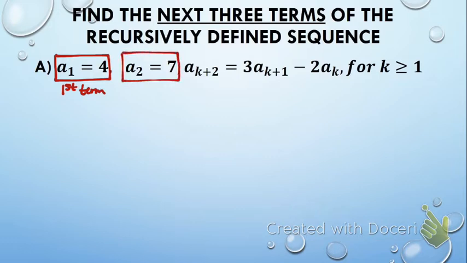Why did they give us both of those? Notice this rule for the recursive definition. It doesn't find the very next one. It finds how far ahead. It finds 2 ahead.